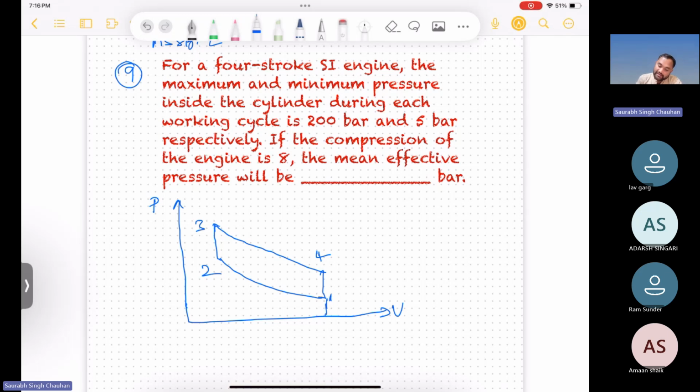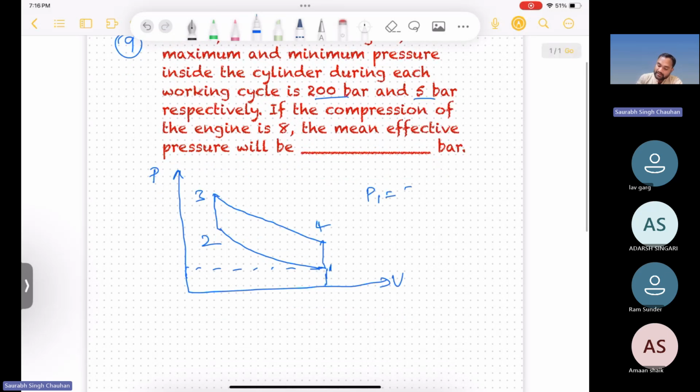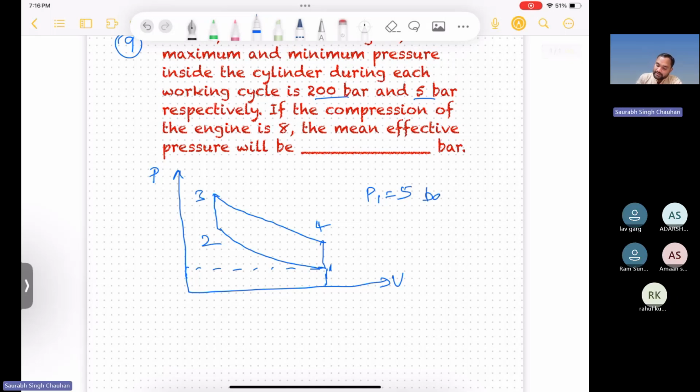So it is given the maximum and minimum pressure. Minimum pressure will be at which point? It is at point 1, right? So P1 is 5 bar, and P3 is 200 bar, and the compression ratio V1 by V2 is 8.